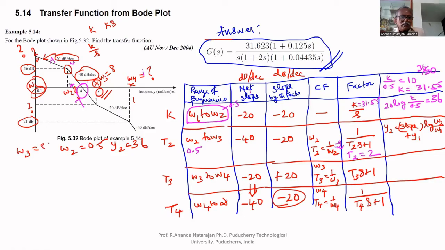Omega 3 equal to 8 means T3 equal to 1 by 8, that is T3 equal to 0.125. This also is over. But we need y3 because to find omega 4 we need this value. That's why let us find y3.